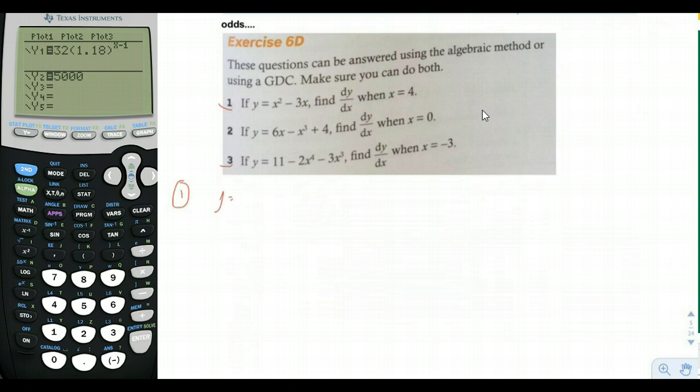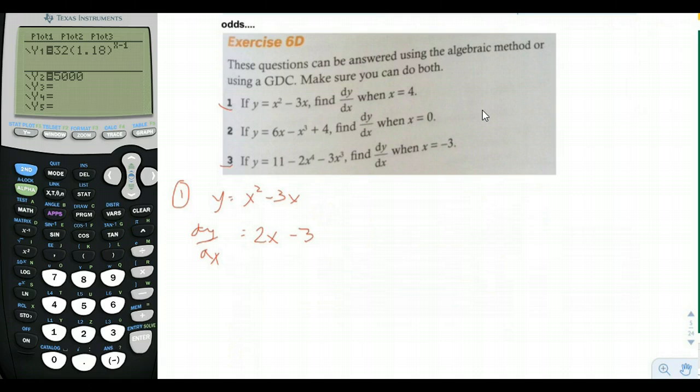So you have y equals x squared minus 3x, and we are going to find the derivative. So we write usually like y prime or dy dx. Let's write dy dx because that's what they're using here. Dy dx equals, and then the derivative of x squared is 2x, the derivative of minus 3x is minus 3.